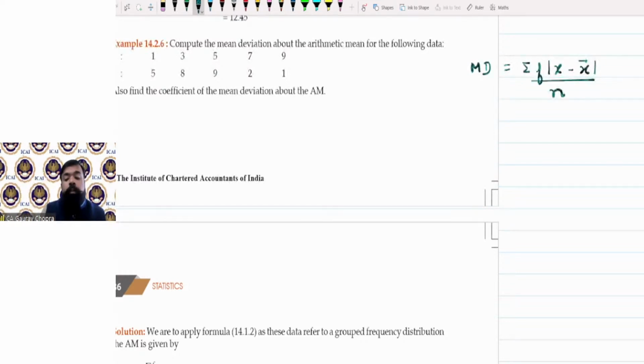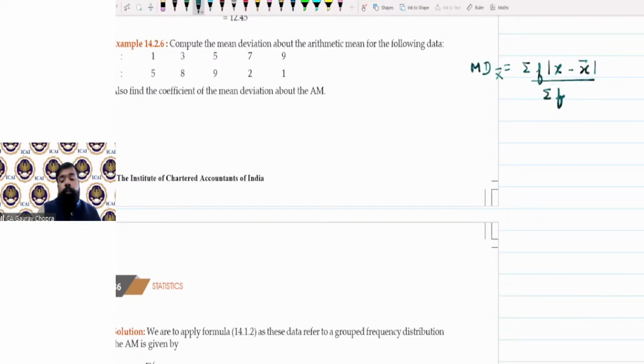This becomes mean deviation from mean. And in denominator, we will write sigma f. You can write capital N or sigma f, both are same. So capital N also means sum of the frequencies. So mean deviation is sigma f mod x minus x bar divided by sigma f.